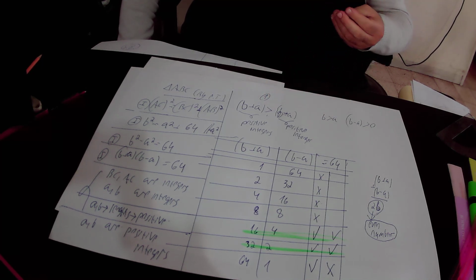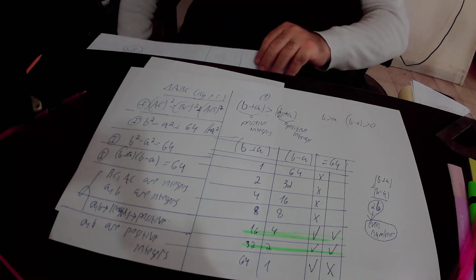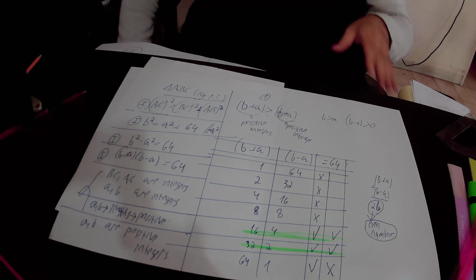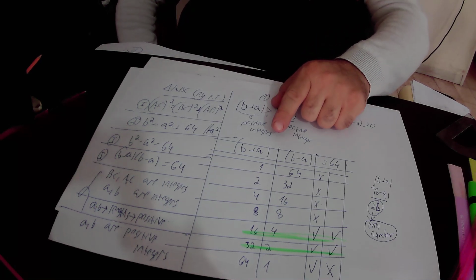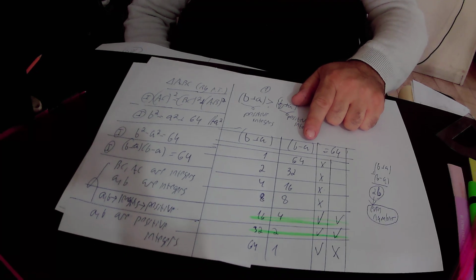So according to equation number 1, we multiplied two positive integers by each other, and the result is 64. What are all the possibilities when you multiply two positive integers and the result is 64? There are a lot of possibilities here. Either B plus A is 1 and B minus A is 64.